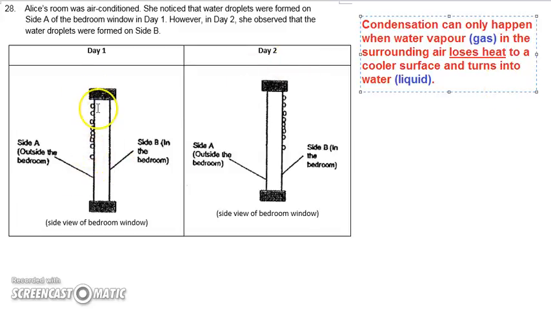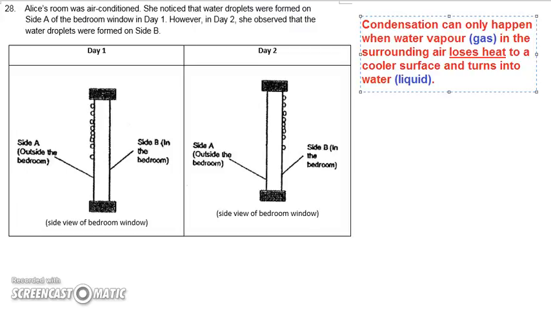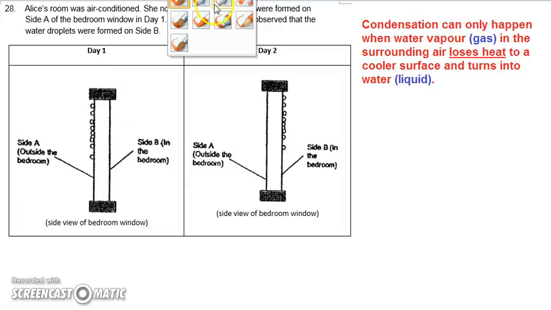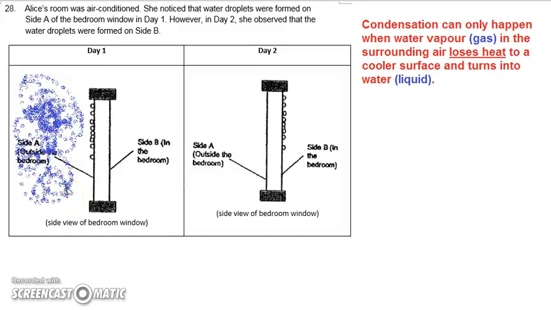Now for condensation to occur here, that means the water vapor, here, okay, the water vapor in the air, I'm just going to show you the water vapor here. Now this is not true, water vapor can't be seen, water vapor is invisible, alright, but I'm just showing you here in blue for you to be able to visualize that there's actually water vapor in the air outside the bedroom.